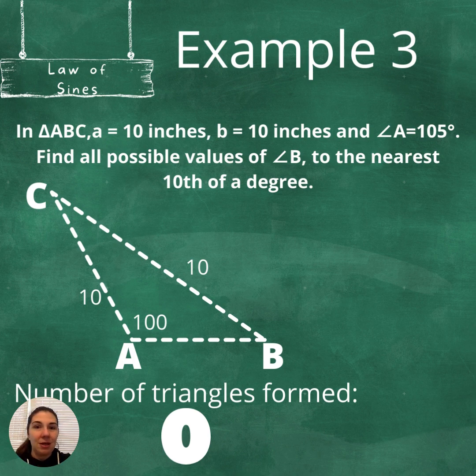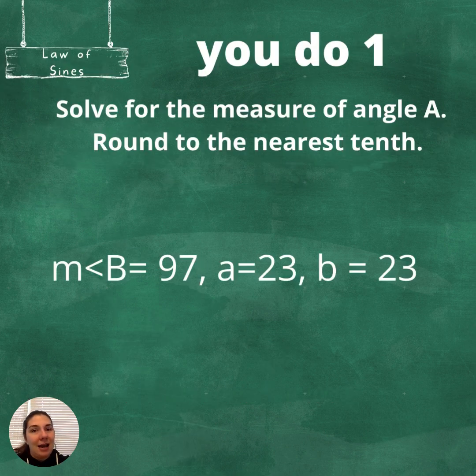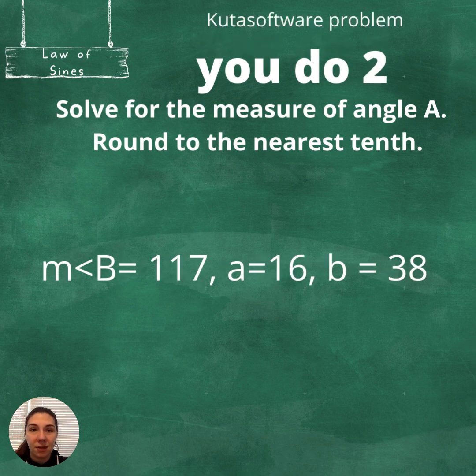So here we go. UDO number 1 asks you to solve for the measure of angle A and round to the nearest tenth. I'm just going to read this out loud just in case. The measure of angle B is 97 degrees, lowercase a is 23, and lowercase b is 23. UDO 2, again, solve for the measure of angle A, round to the nearest tenth.